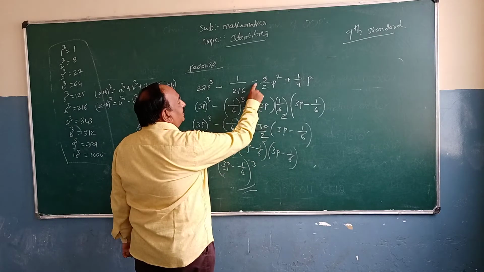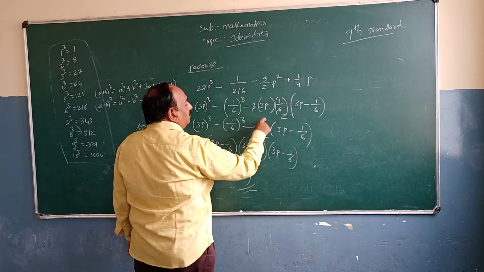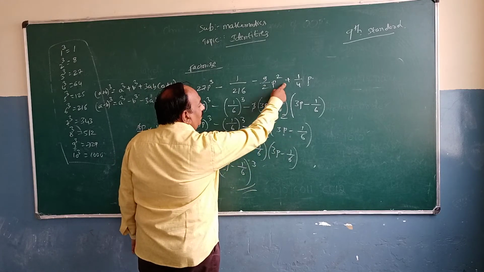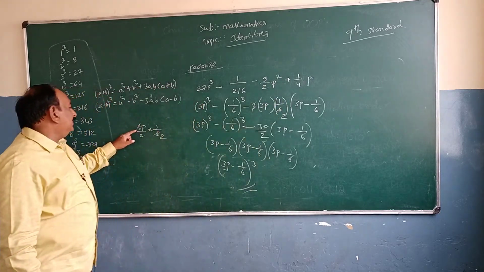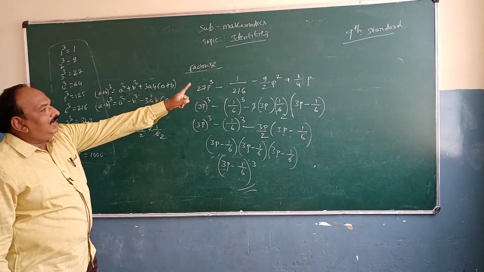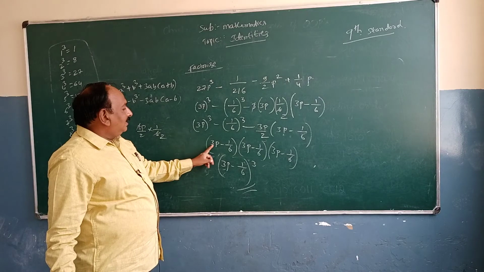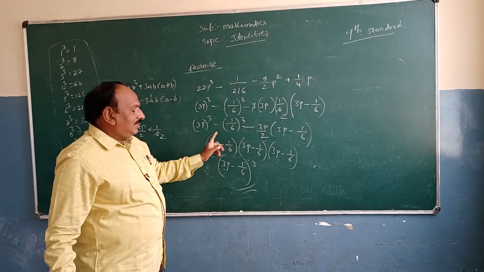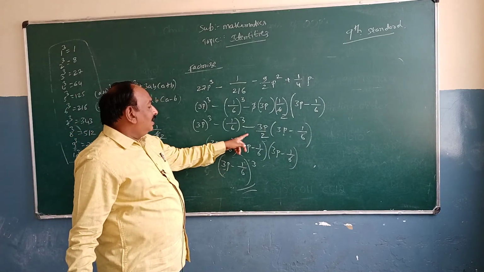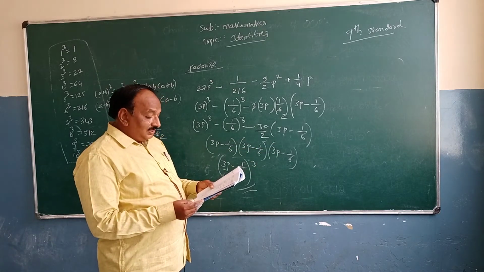3 plus into minus minus, 3 threes are 9 by 2 p into p square minus into minus plus. When you cancel, write this: 3 ones are 3, 2s are p divided by 4, that is equal to 1 by 4 into p. That can be written as 3p into 1 by 6, 3p minus 1 by 6.